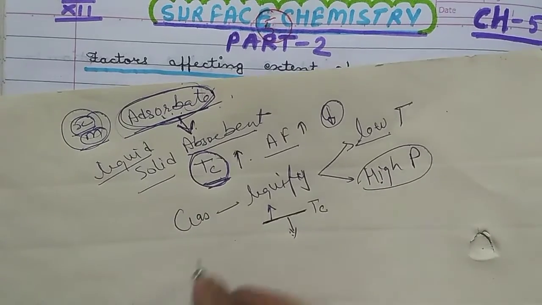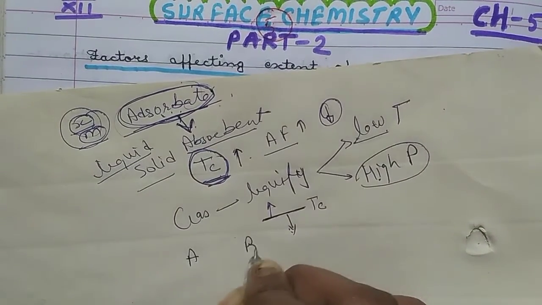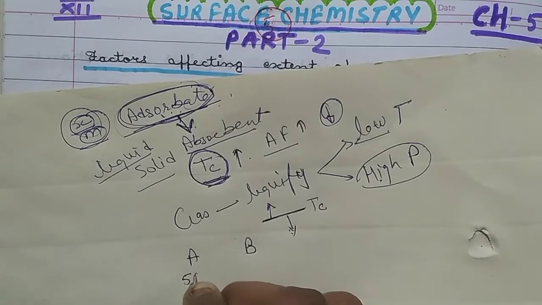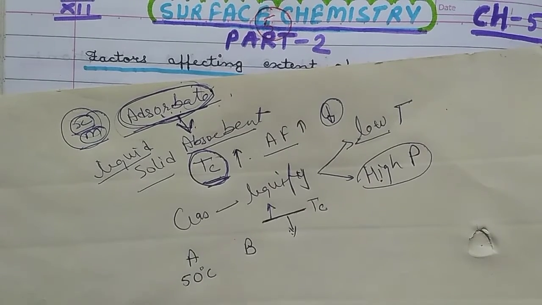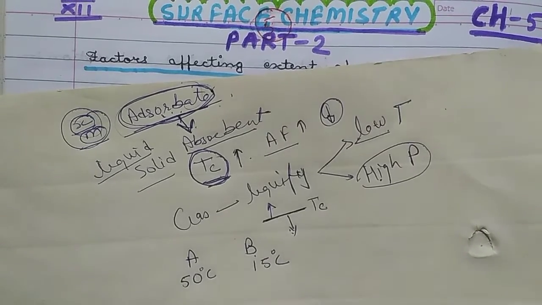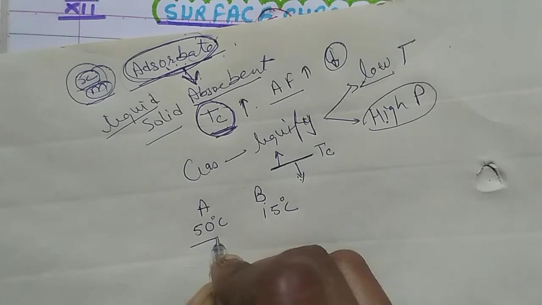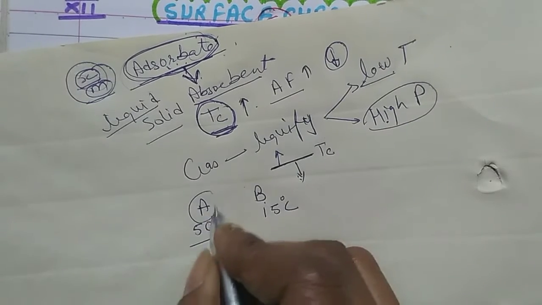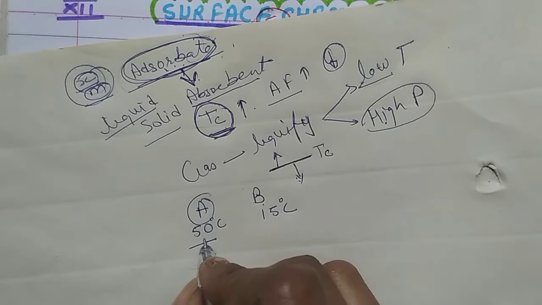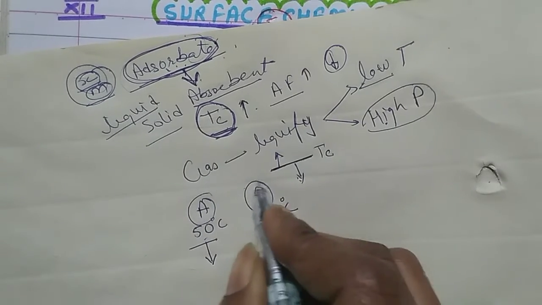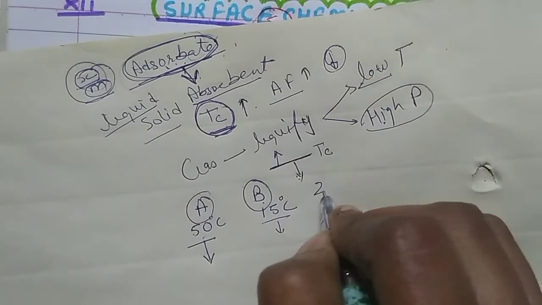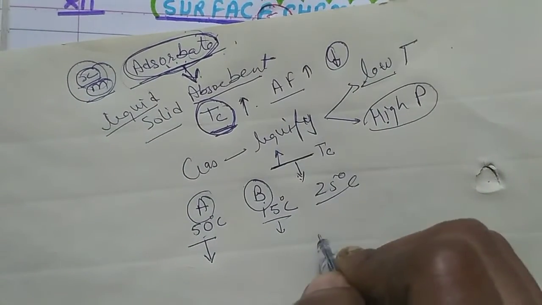Okay, what does it mean? Let there be two gases A and B. Suppose the critical temperature of A is 50 degrees Celsius and that of B is 15 degrees Celsius. So what does it mean? It means gas A can be liquefied below 50 degrees Celsius, and gas B can be liquefied below 15 degrees Celsius, and the standard temperature is 25 degrees Celsius.